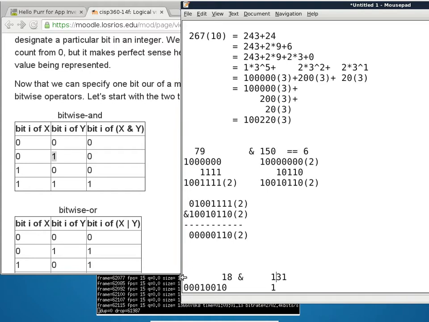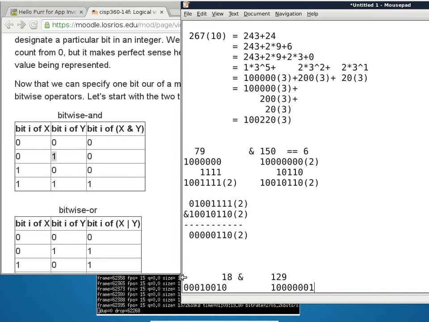Oh, this is not going to work out. Change it a little bit here. Let's make it 129. I have to doctor these numbers because I want to show you one particular effect. So that's 1 plus 128, which is 129.